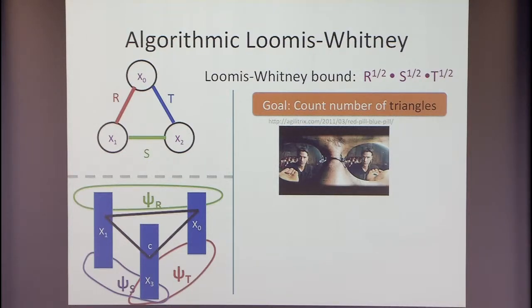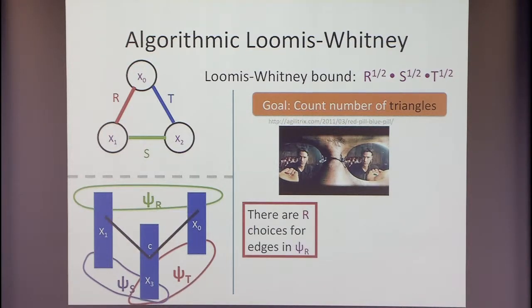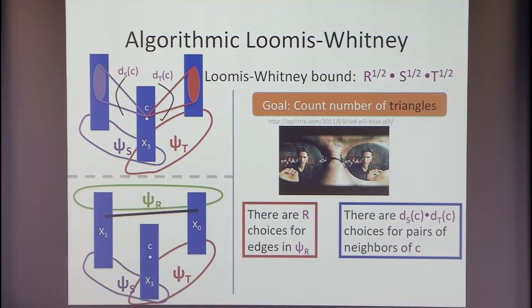So I'll call this, let's say, the red pill, blue pill algorithm. So you want to count the number of triangles that are here. So there are two choices. The number of triangles that C can participate in is at most the number of crossing edges on this side. Okay, so the number of triangles that C participates in cannot be more than R. Or you can also count the number of V's that go out from C. So if the degree of C on the S side is ds of C and the degree of C on the T side is dt of C, then the product is also an upper bound on the number of triangles.